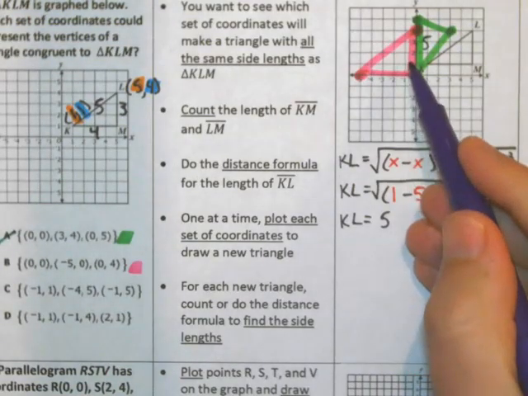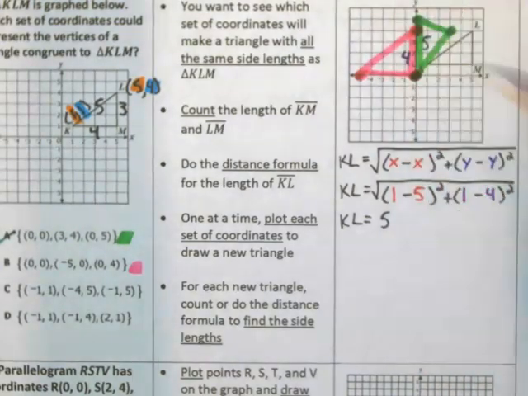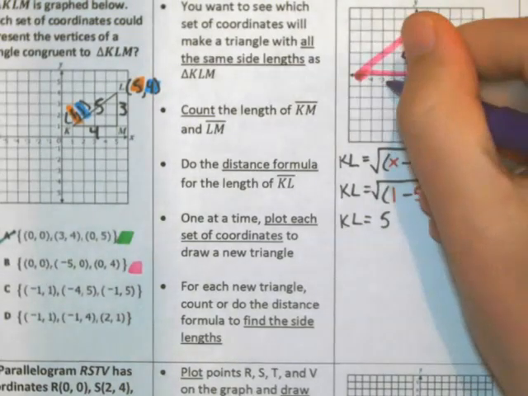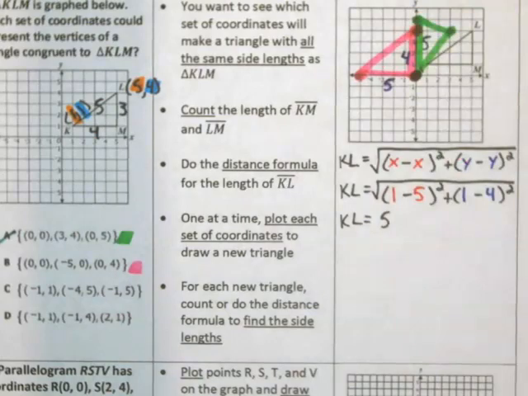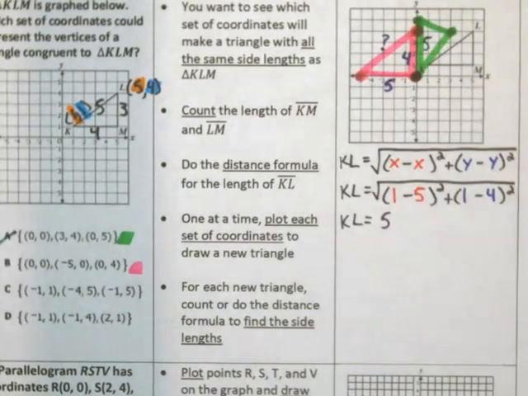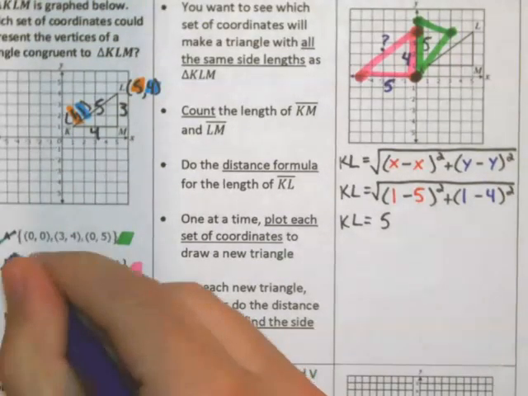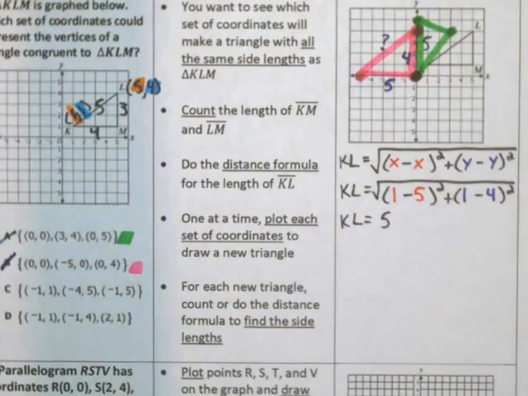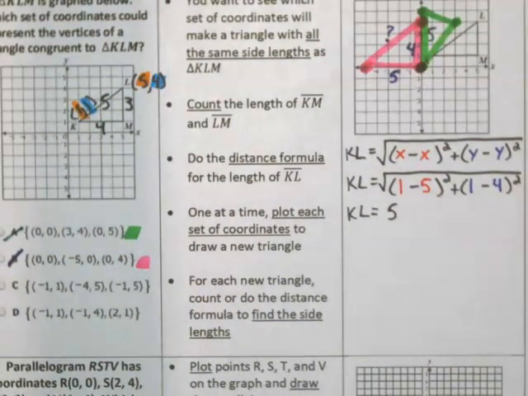But on this one, we've got an obvious side of 4, an obvious side of 5, and then one distance formula side. But we're not going to bother to do it because this is clearly not matching up. So let's cross out choice B, and let's move on to choice C.